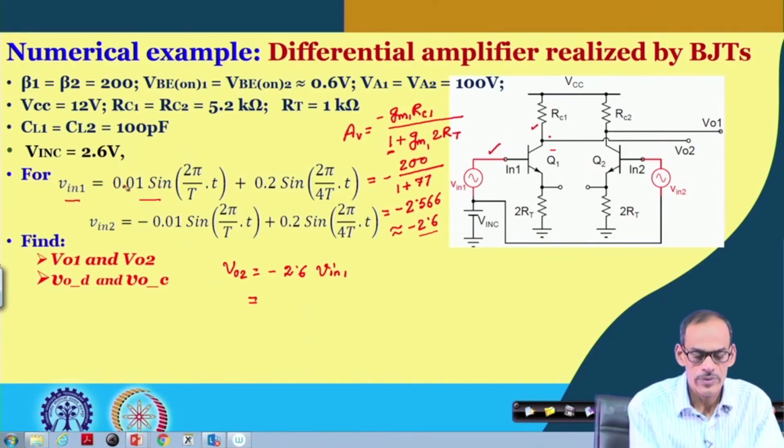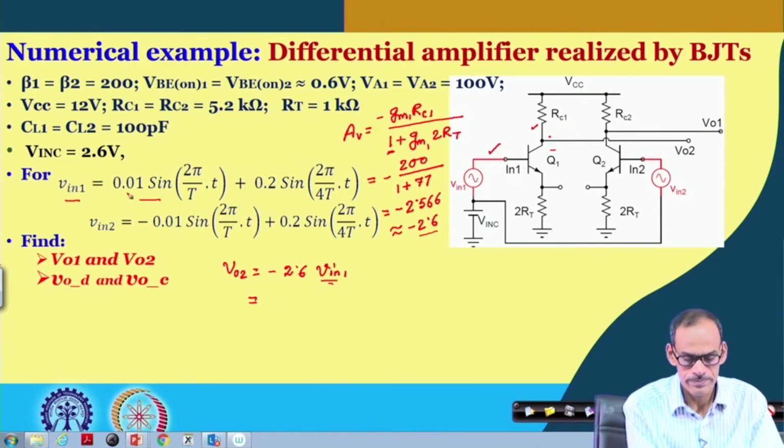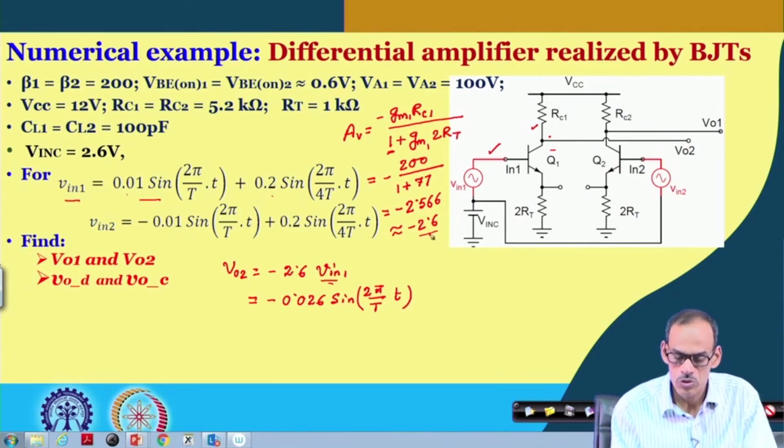And then we do have two components, and if you see here, the first component is minus 0.026 sin 2π/T into t, and then we also have to multiply this 0.2 and 2.6 for this component.